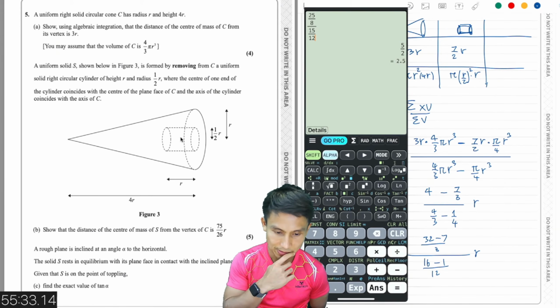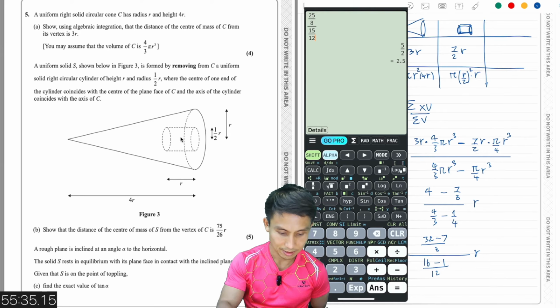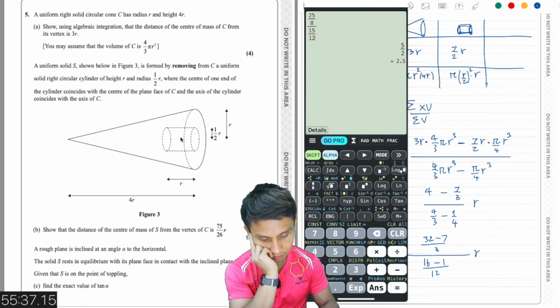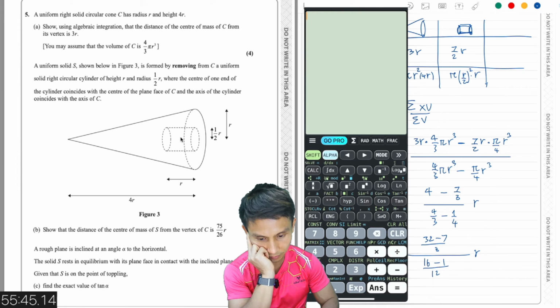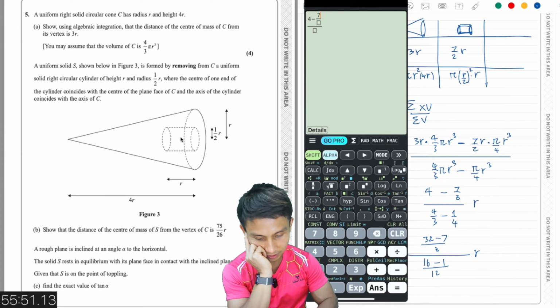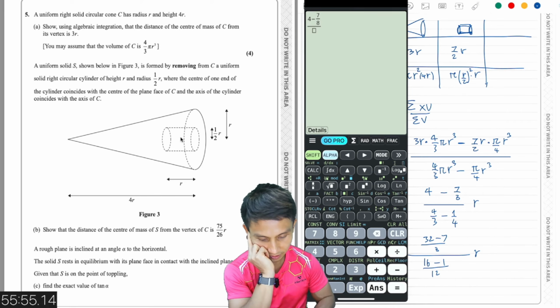What's wrong? You know, I'm just gonna plug everything into the calculator. Maybe I might have made some stupid mistake somewhere and I didn't see. So I'm just gonna use a calculator for everything here.